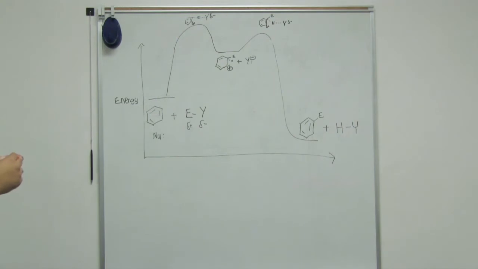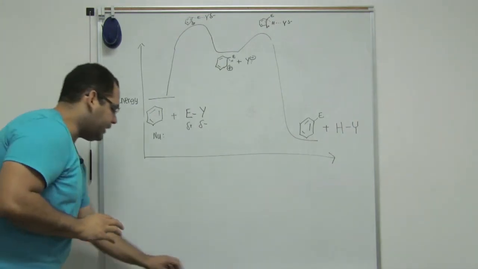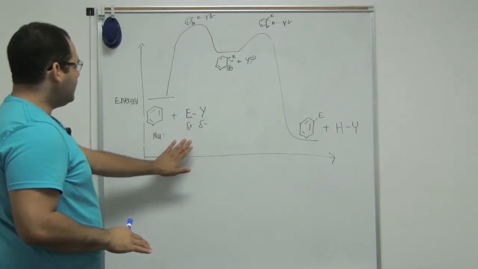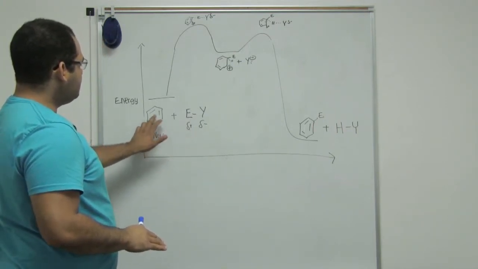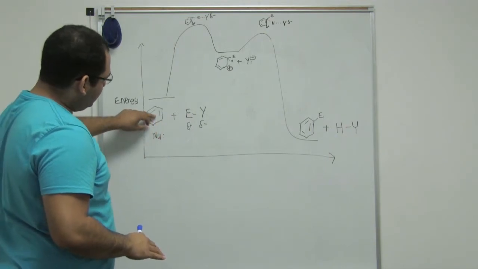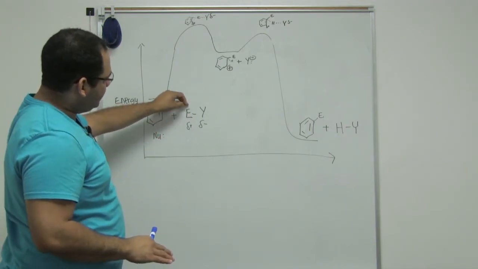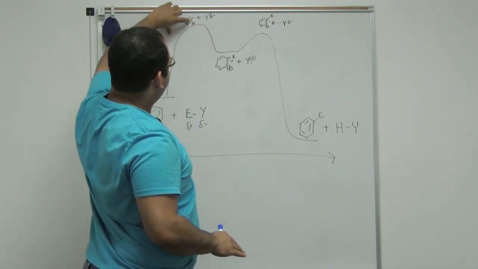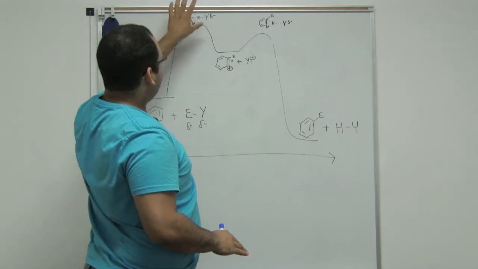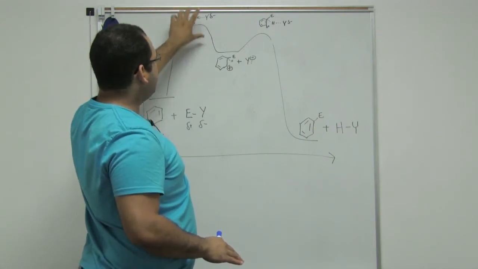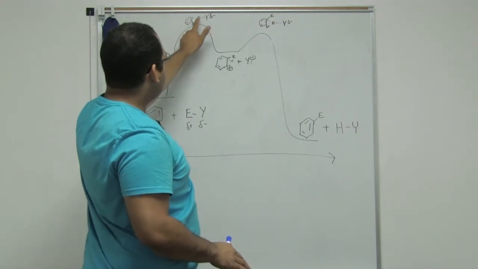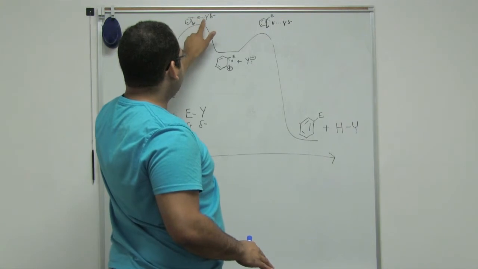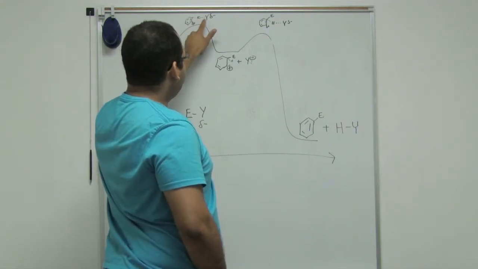Looking again at this diagram, here we have our nucleophile and electrophile. Our aromatic molecule works as our nucleophile, grabs our electrophile, and here we show that we are breaking the aromaticity, so a higher activation energy is required because it's a really unstable molecule. Here our electrophile makes the bond with my benzene ring, and then we have the formation of another nucleophile.